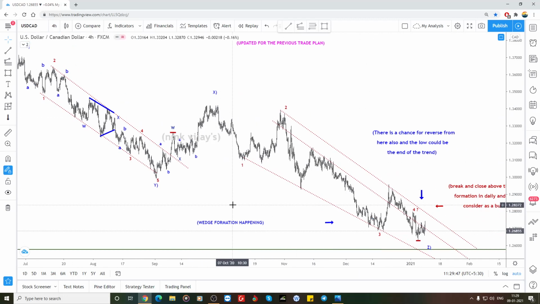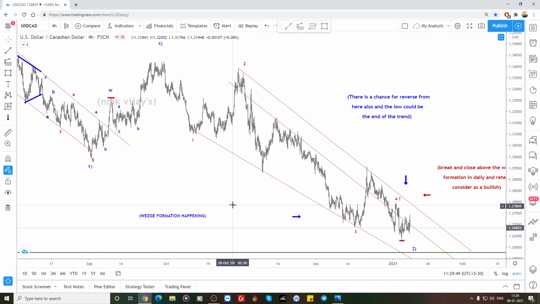But if it is like Australian dollar and New Zealand dollar, if it is a diagonal triangle pattern, each wave got an ABC, that is a 1, and the third wave is going to be extended also sometimes. So in that case, if it is a diagonal triangle pattern, each wave got ABC, meaning A, B, C is a 1, ABC as a 2.